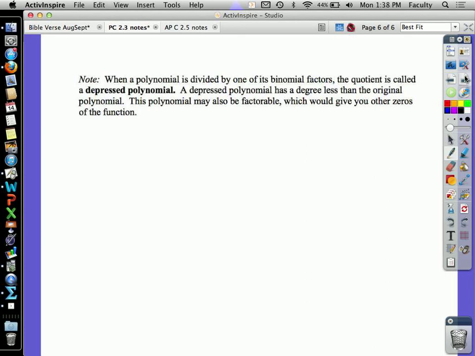This polynomial may also be factorable, which would give you other zeros of the function. So keep in mind, when you do synthetic division and you reduce down that degree, then with quadratics, even if it didn't factor, we've got the quadratic formula in our tool belt that we can pull out to still solve it if we need to.